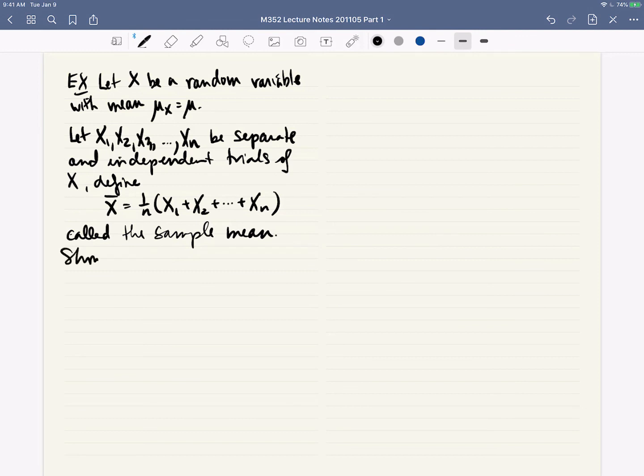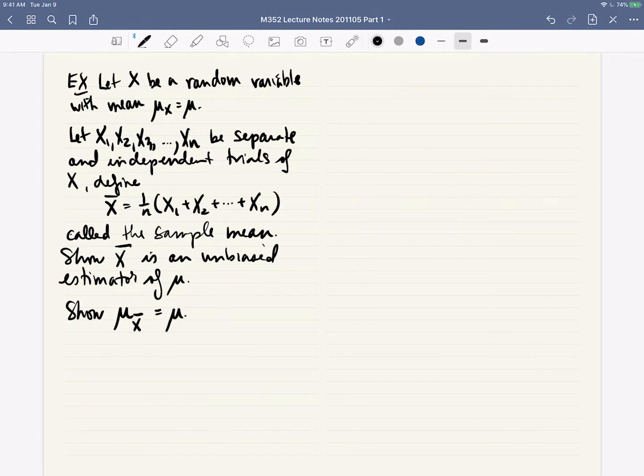Let's show x bar is an unbiased estimator of mu. So we need to show the expected value, the mean of x bar, has value mu.